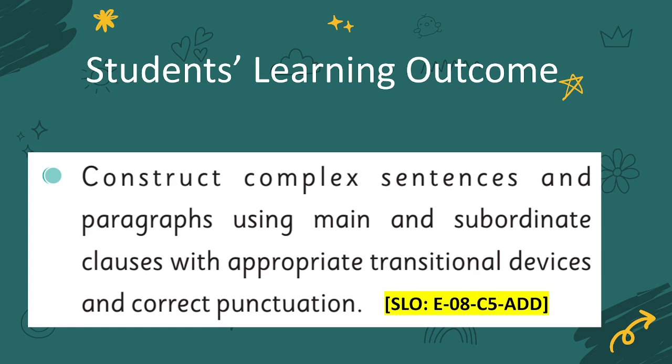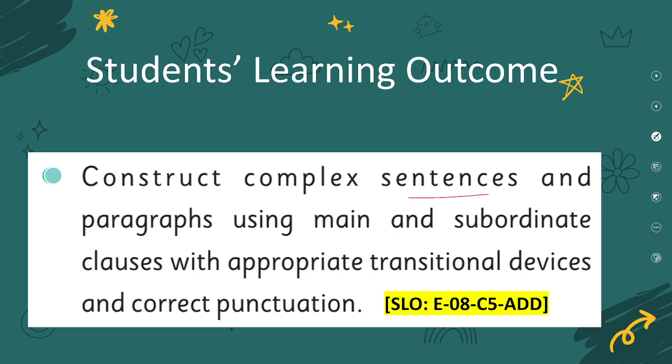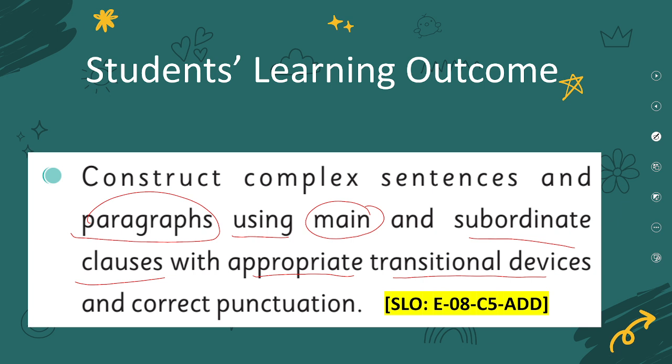So today we have the learning outcome which says: construct complex sentences and paragraphs using main and subordinating clauses with appropriate transitional devices and correct punctuation. In order to construct a paragraph that contains complex sentences, we need to use the main and subordinating clauses.